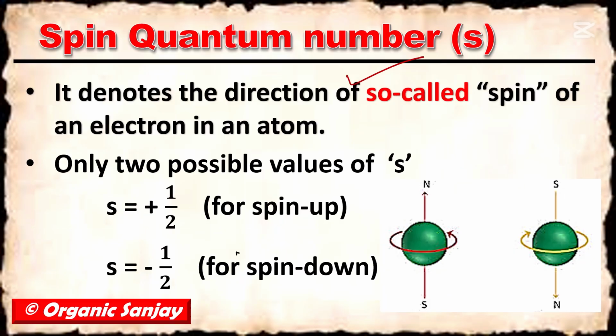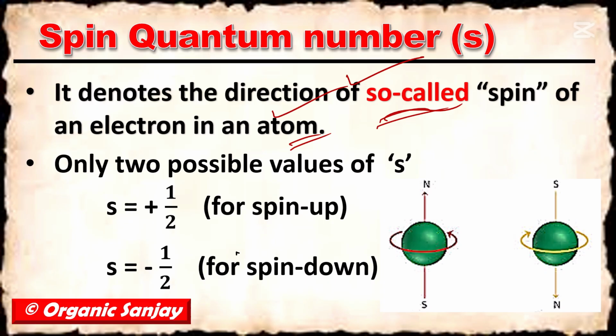Spin quantum number. The spin quantum number indicates the direction of the so-called spin of an electron in an atom. I say so-called because the word spin here does not actually represent rotation like the earth, or a football or volleyball.